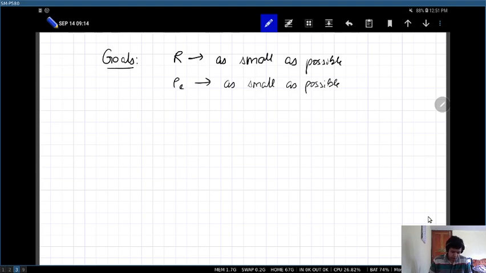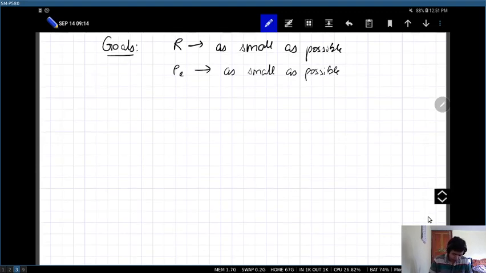What we will be interested in instead is the large n regime. So the case n tends to infinity turns out to be slightly easier to analyze. So we want to know what is the rate, which is the limit as n tends to infinity of k over n.